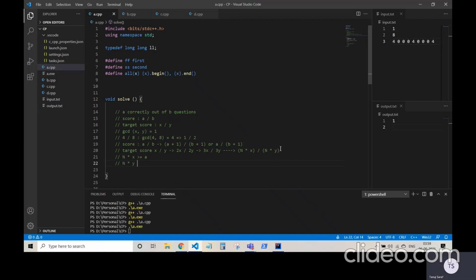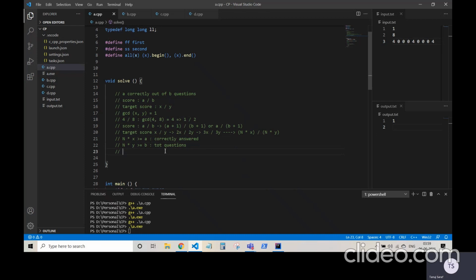Whatever be the denominator, that is n into y, this should be greater than or equal to b, the total number of questions that I have attempted, and a being the number of questions that are correctly answered. But these two conditions are not enough to solve the problem.